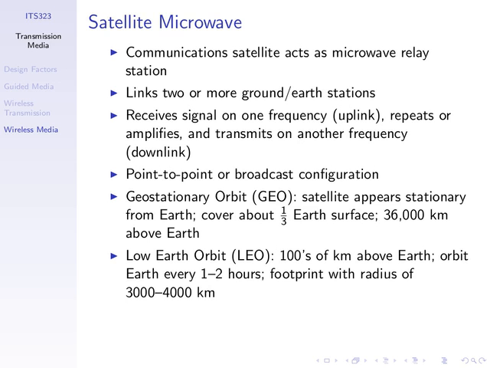Of course, in some cases we want to communicate in both directions, up to the satellite and down, and also coming back. We'll see some different examples. So up to the satellite we refer to as the uplink, and down from the satellite, the downlink.